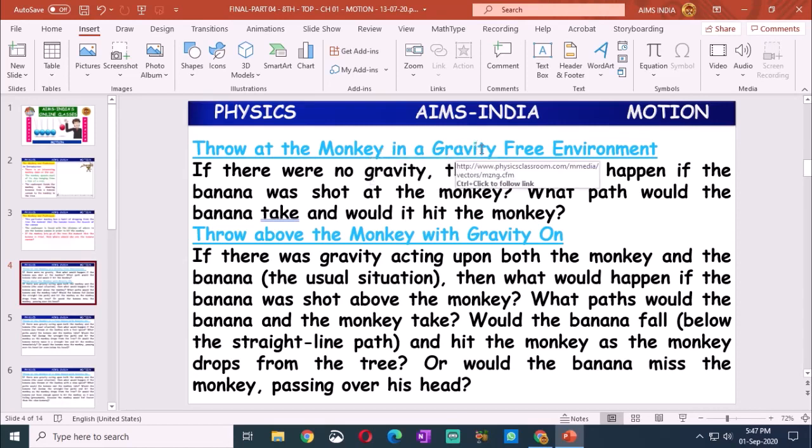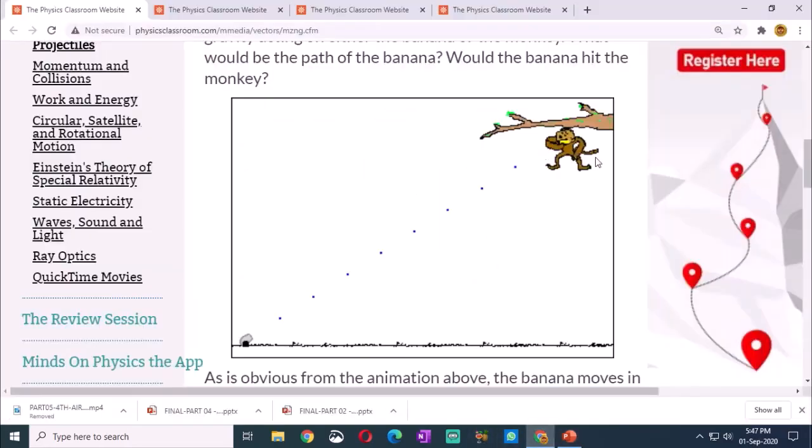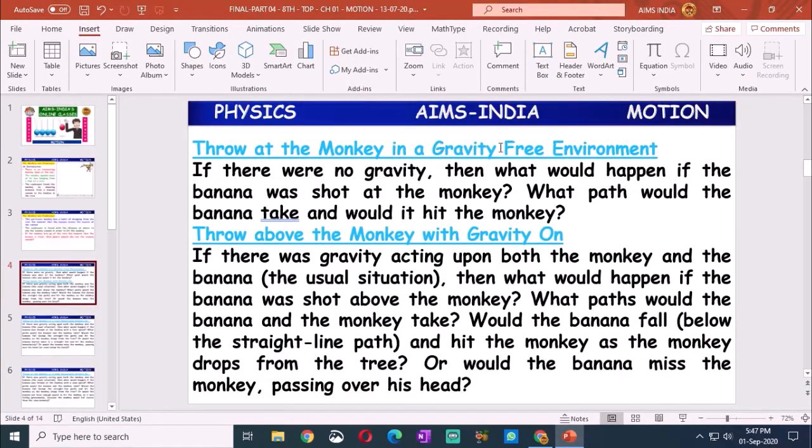In the gravity-free environment, the monkey will be there only, and the banana will go in a straight line and reach the monkey. So he has to shoot the banana in a straight line towards the monkey in a gravity-free environment. That is one case.